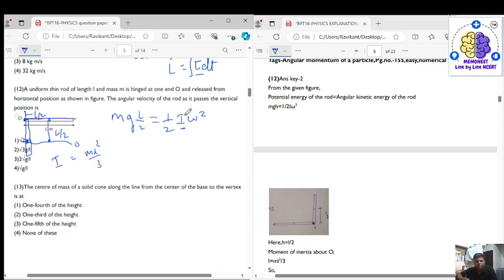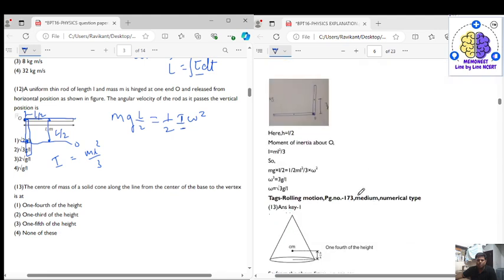So putting mL square by 3 in I, we get mg into L by 2 is equal to half, this is I and this is omega square. Calculating this, we get omega is equal to under root 3g by L.